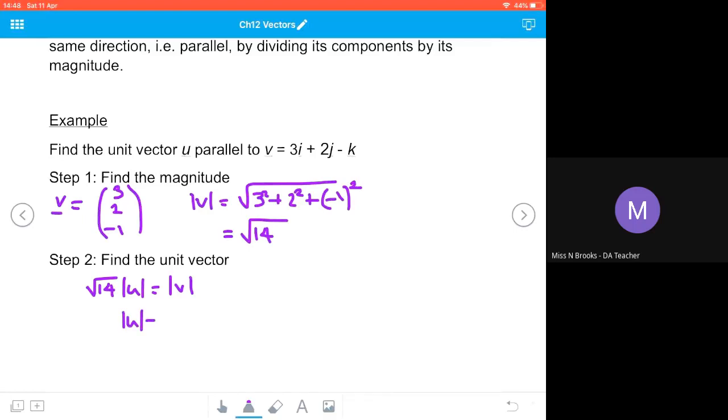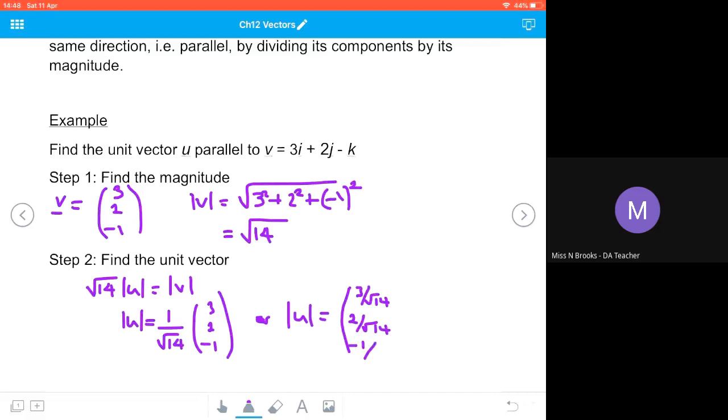We can write vector u equals, and multiply by the reciprocal and put vector v in a bracket, so it's 1 over root 14 of the vector 3, 2, negative 1. Or we can divide each of the components by root 14 and write it as 3 over root 14, 2 over root 14, and negative 1 over root 14. So that's our unit vector.